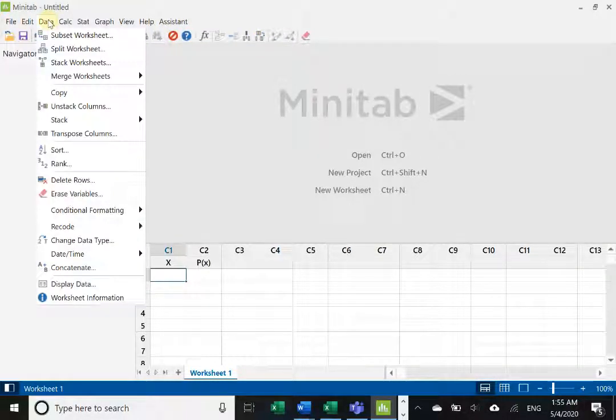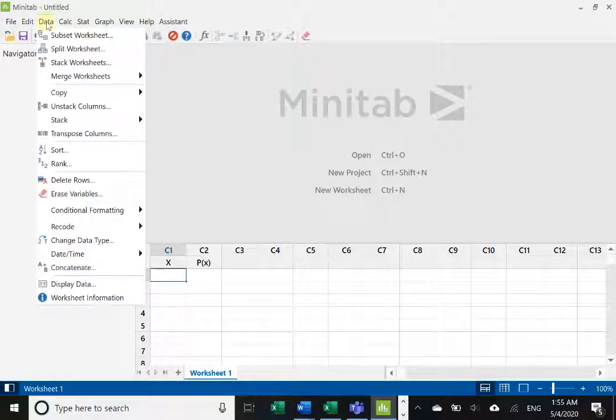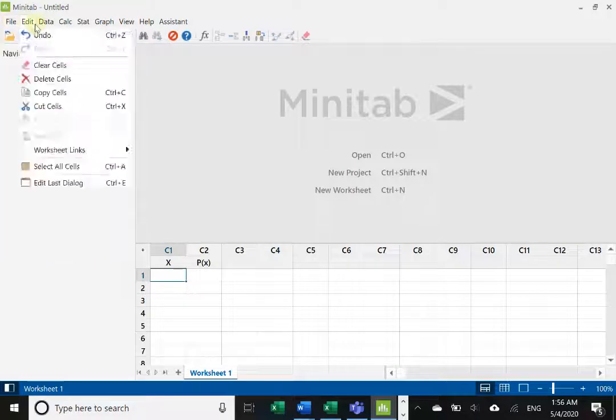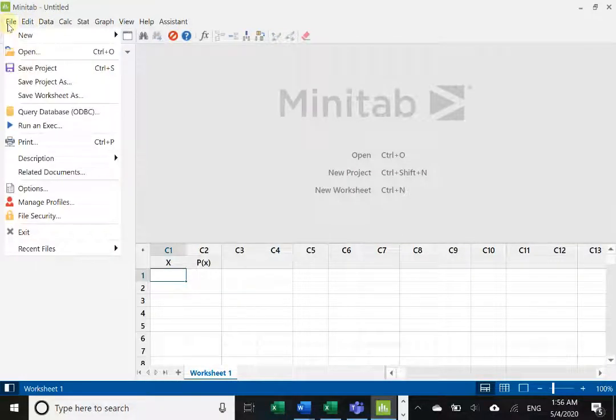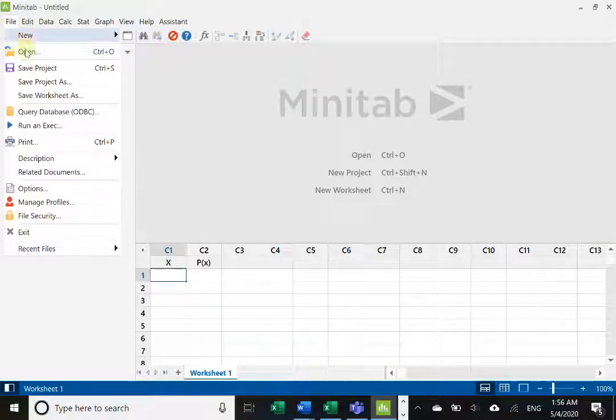Under File, you can open a file, and as I hold the mouse over it, it reads: open a Minitab project, an Excel spreadsheet, or a text file.